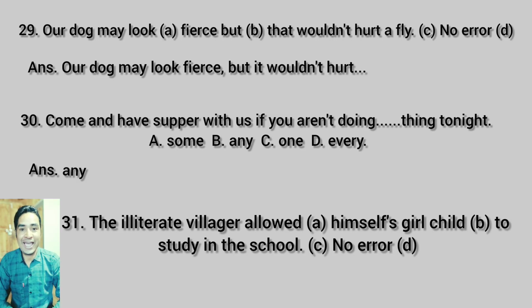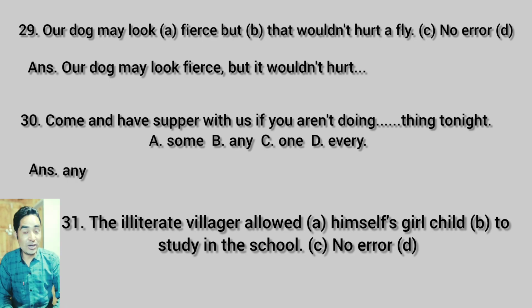As you know, anything is used for negative and interrogative sentences. Do you have anything? Do you want to do anything? Do you need to do anything? No, I don't need to do anything. In negative and interrogative sentences, anything is used.